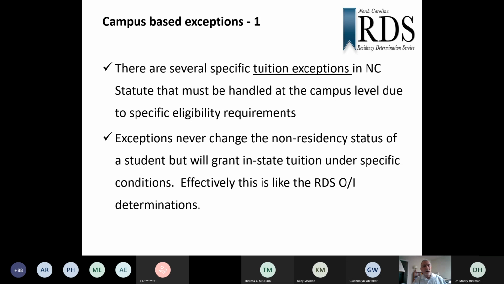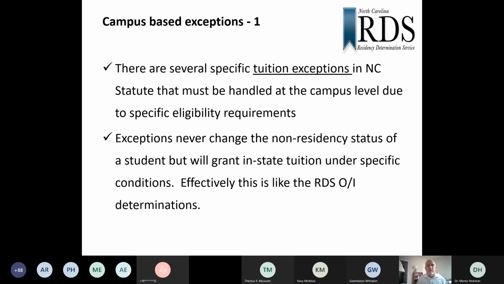And again, as I mentioned, there are several specific ones, but they have to be handled at the campus because of specific eligibility requirements. For example, the UNC system has one that can be used at a community college for a UNC permanent full-time employee and their household.